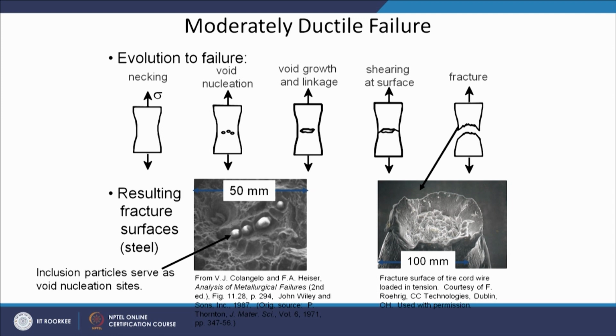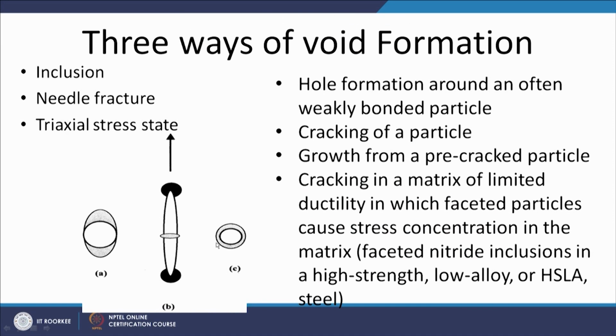The central fracture surface is formed by void formation and their growth, and what we can see at the root of these voids is some hard particles, some precipitates, which facilitate the formation of these dimples. And we can see here large size dimples and fine size dimples, both kinds of dimples present on the fracture surface. As I have said, these are the three ways of void formation.